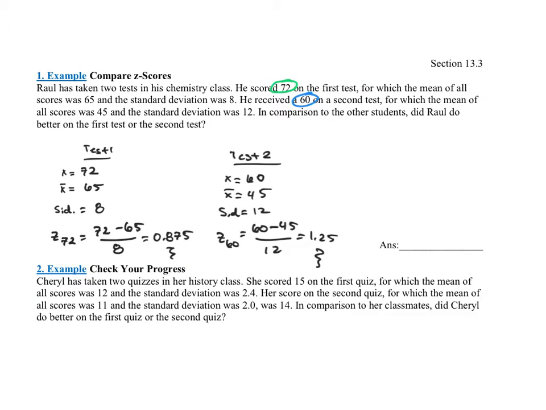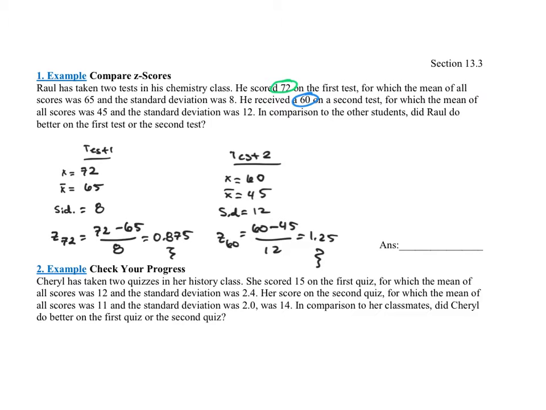The question is which one did he do better on? Well, on the first test, he physically scored higher than the second test. A 72 is better than a 60. I agree with that. But that's not what this question is. The question is, how did he do compared to everyone else? Well, think about that mean.